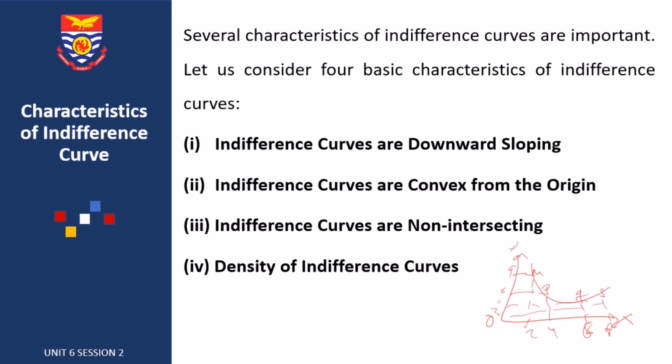Indifference curves cannot intersect. This follows logically from the transitivity of preferences. That is, if A, B, and C are different combinations of two goods, then whenever A is preferred to B, and B is preferred to C, then A is also preferred to C. Let me write something like this: if A is preferred to B, and B is also preferred to C. You like A more than B, but you like B more than C. So eventually you're going to like A more than what?